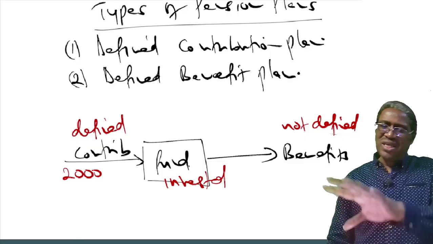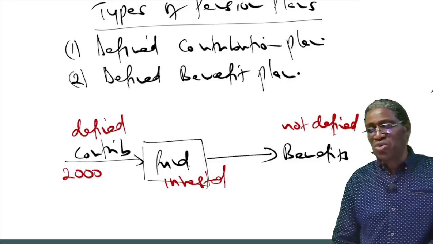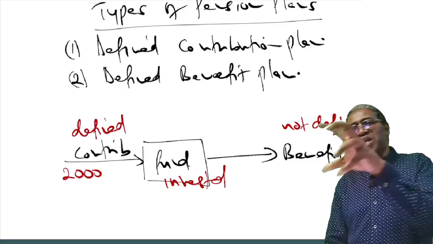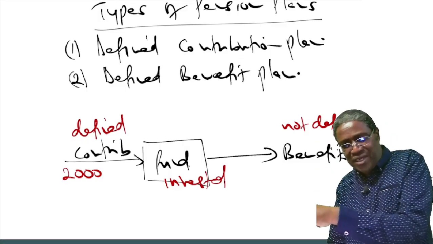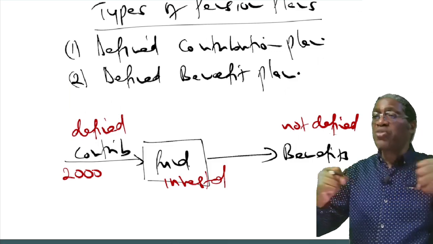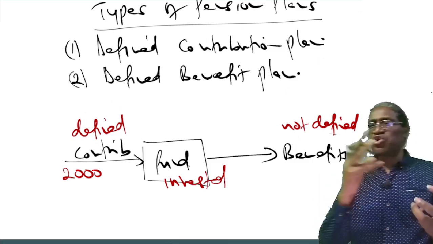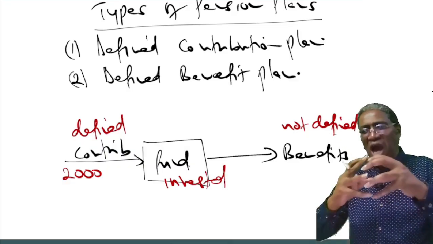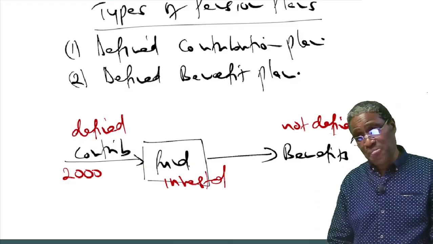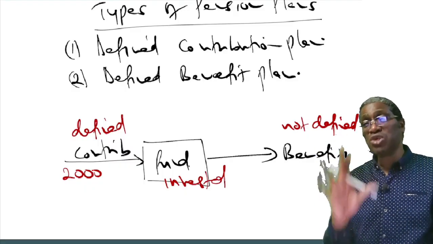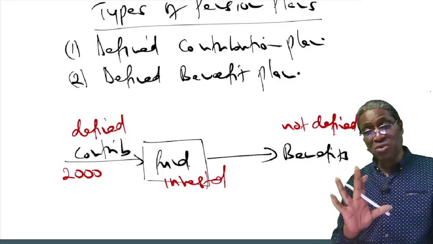You don't just say the contributions are defined and stop there. No, you also need to say how the benefits are affected. So I'm talking from both ends, from the end of contribution to the end of benefits. How are they affected? Good. So that's all we can say as far as a defined contribution plan is concerned.